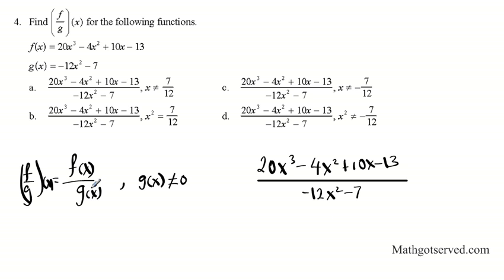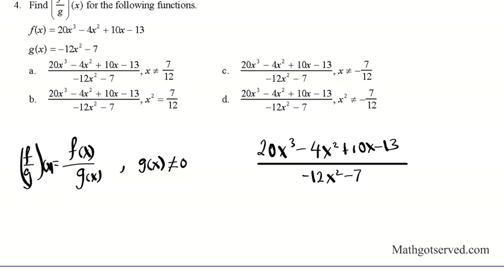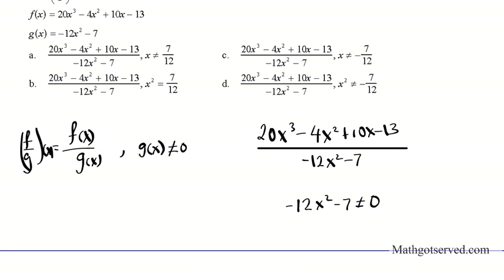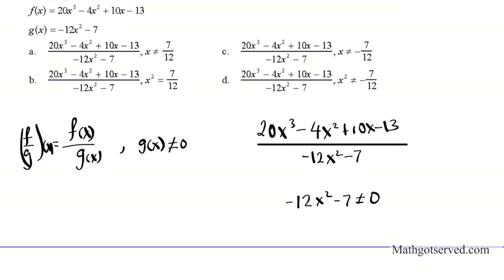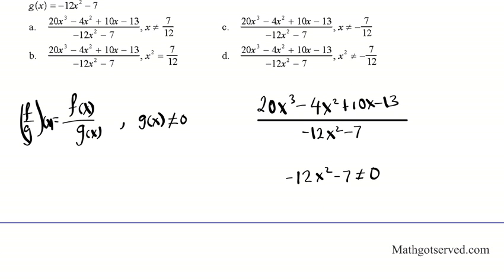But the denominator cannot be 0, so negative 12x squared minus 7 cannot be 0. So what does that mean about x squared? We can get x squared by itself. We just add 7 to both sides and divide by negative 12. So add 7, we have negative 12x squared equals 7, and then divide by negative 12.